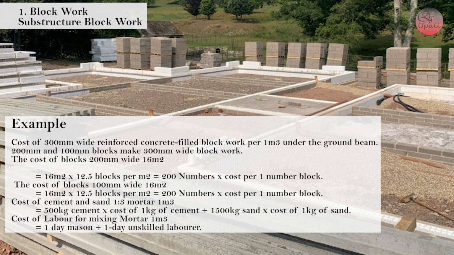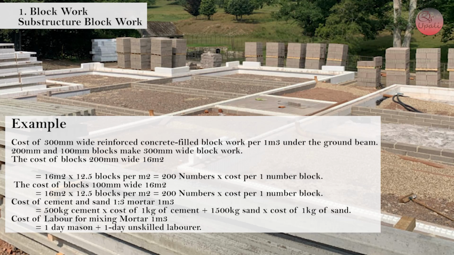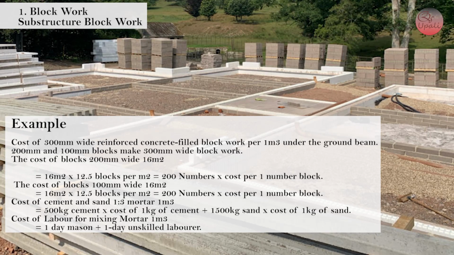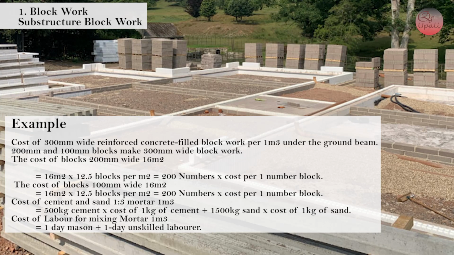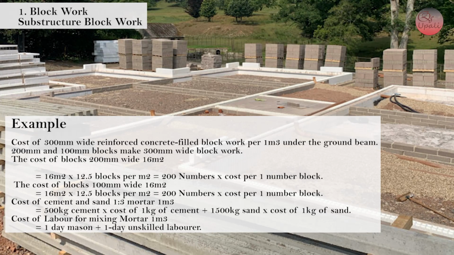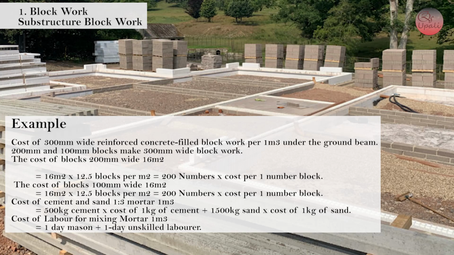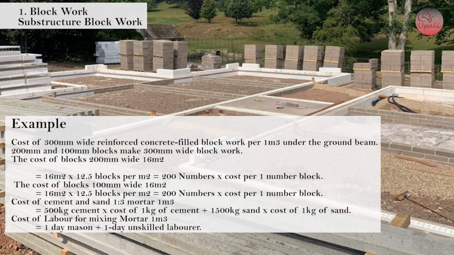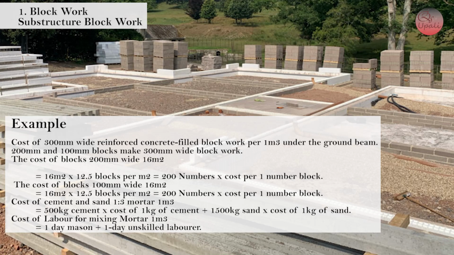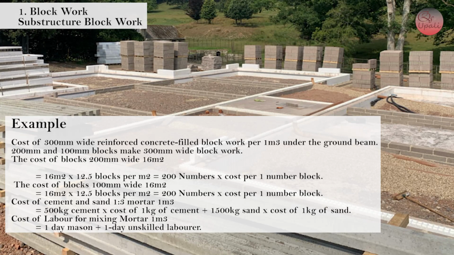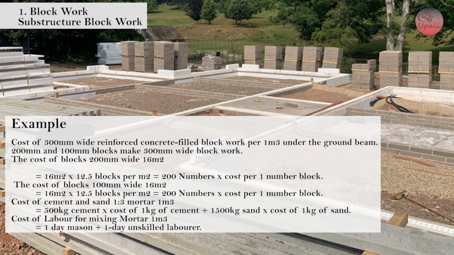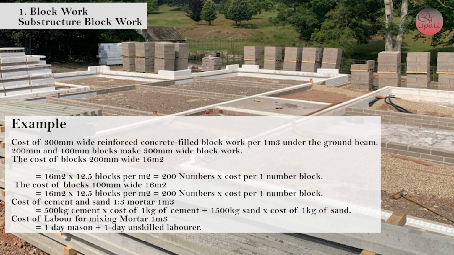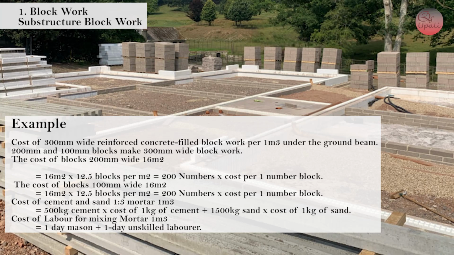Example: cost of 300 mm wide reinforced concrete filled blockwork per 1 square meter under the ground beam. 200 mm and 100 mm blocks make 300 mm wide blockwork. The cost of blocks 200 mm wide, 16 meter square equals 16 meter squares into 12.5 blocks per meter square equals 200 numbers into cost per 1 number block.